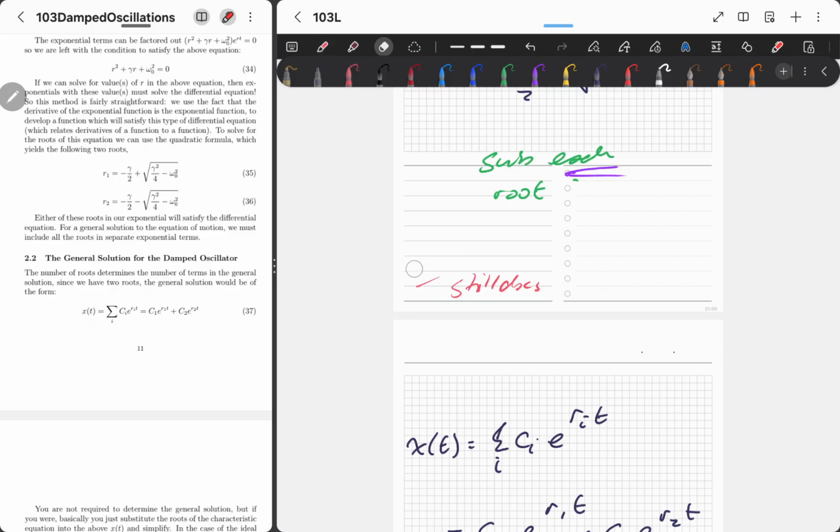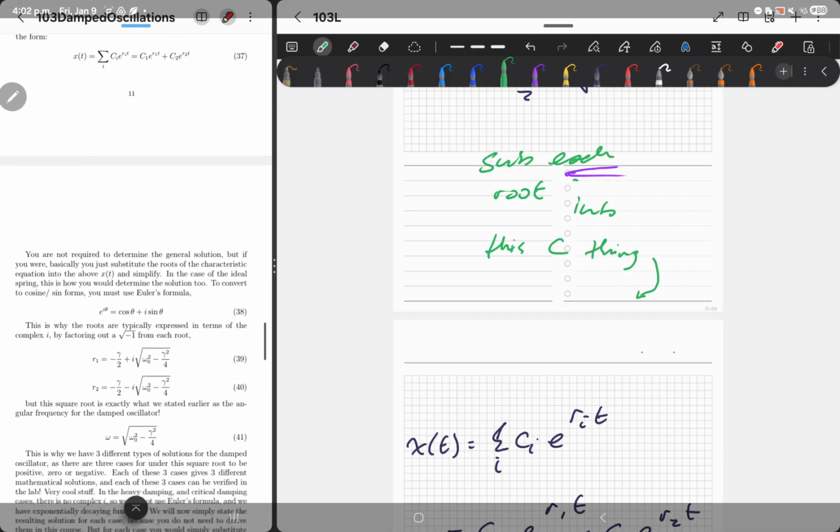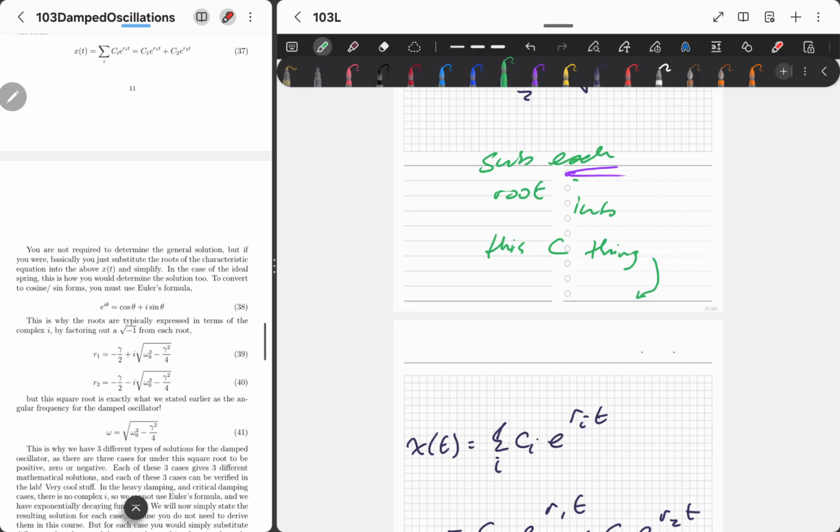So if we write our roots in terms of some complex coefficients, and this is exactly how you do it for the ideal spring as well, when you plug them into the exponential, you can replace the complex stuff with cos and sine. That's how you get the cosine one for the ideal spring.